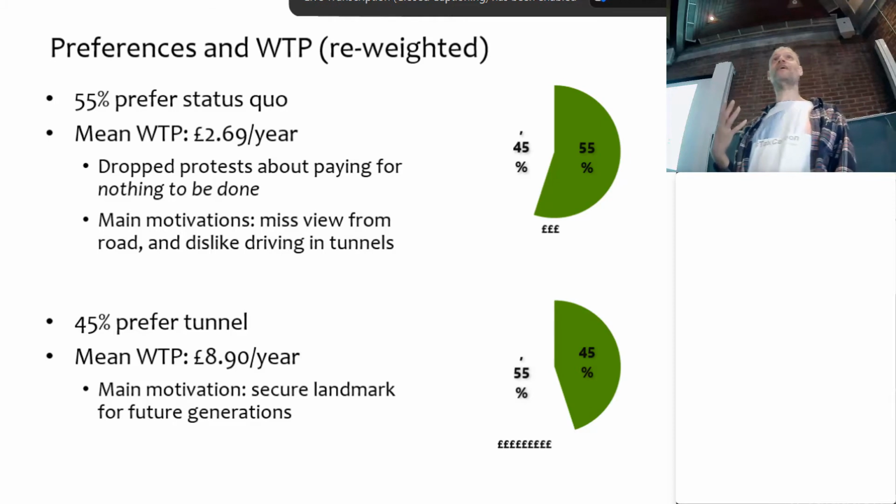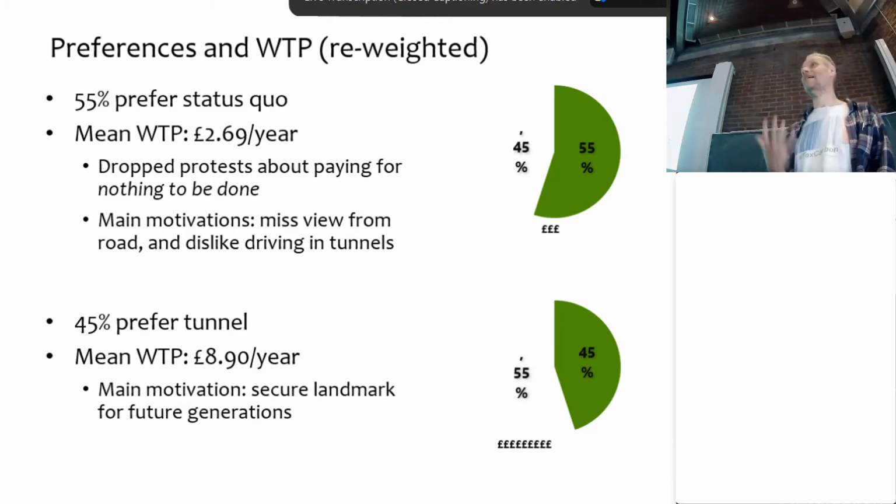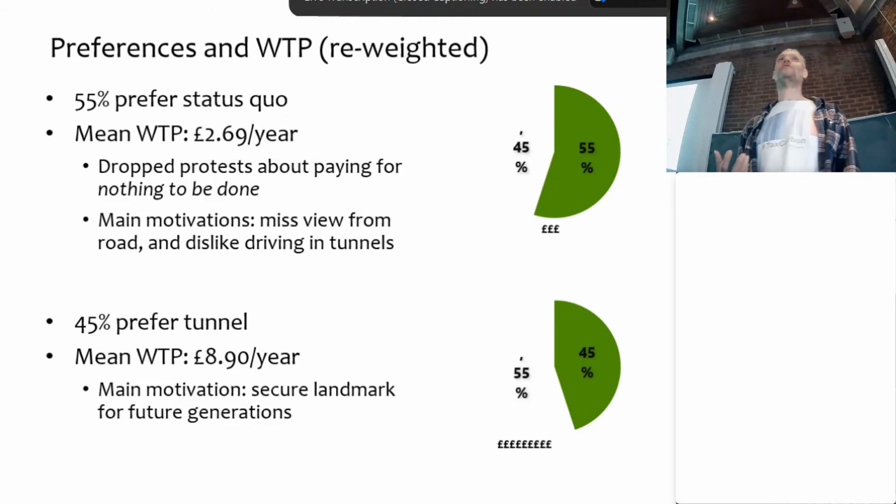So this is not a use value, right? This is not about them going to see Stonehenge. This is about the existence of Stonehenge. This is about future generations enjoying Stonehenge. And there's no way you can get this with travel cost or something like that, right?